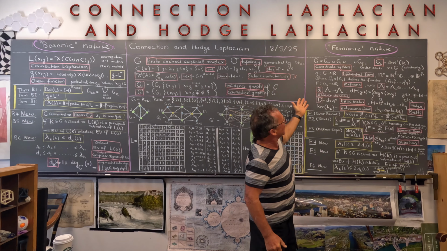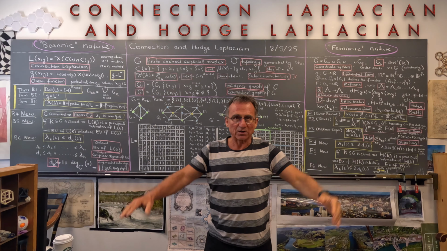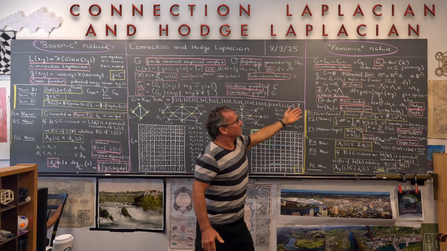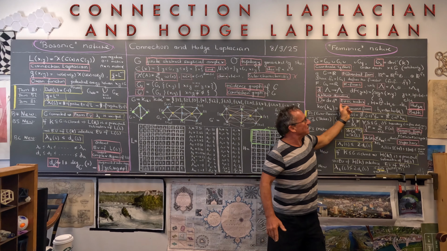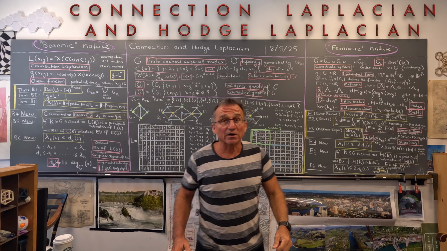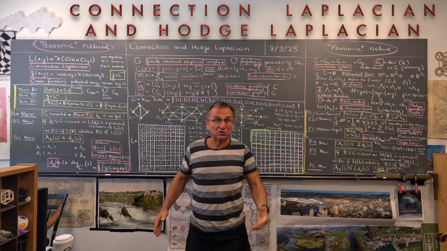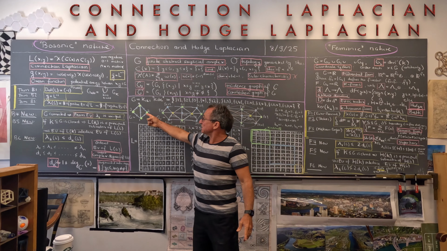And then we can make this more elegant by putting everything together as this one matrix, this Dirac matrix D = d + d*, where d* is the transpose, and then we have the square of it, which is the Hodge Laplacian, which has now here three blocks because we have a two-dimensional situation. Right? They are triangles here.